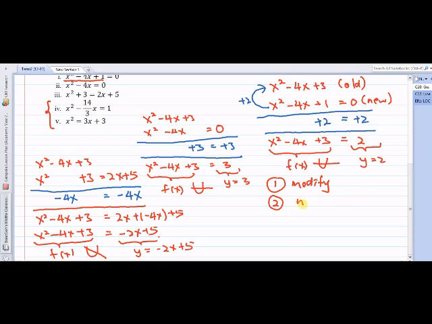Second, plot the new line. And 3, read the intersection and find the value of x as the solution.